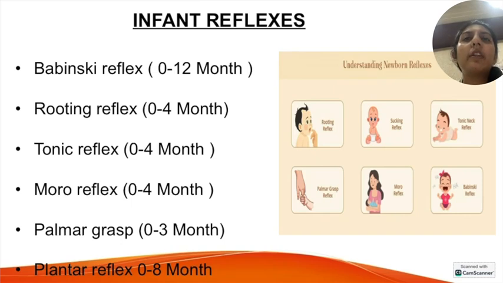A sucking motion occurs when stroking the side of the cheeks or mouth. The tonic neck reflex is seen around 0 to 4 months. In this reflex, when the baby is placed on the back, the head turns to one side and the infant extends the arm on that side and flexes the arm of the opposite side. Other reflexes are the Moro reflex, palmar reflex, and plantar reflex.